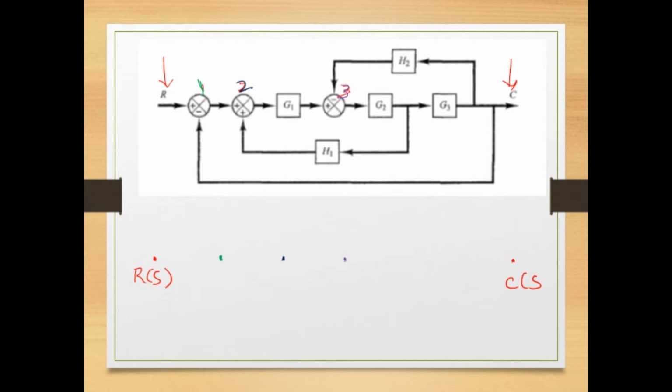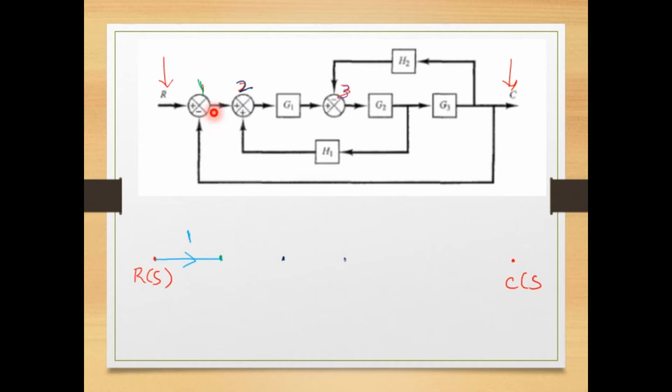Now between this input node R and the first summing point, there is no block. That means the branch gain, we treat it as 1, okay. So we draw this, and the branch gain we take it as 1.